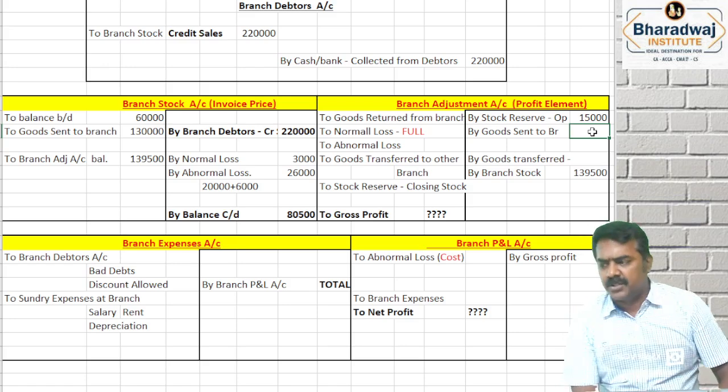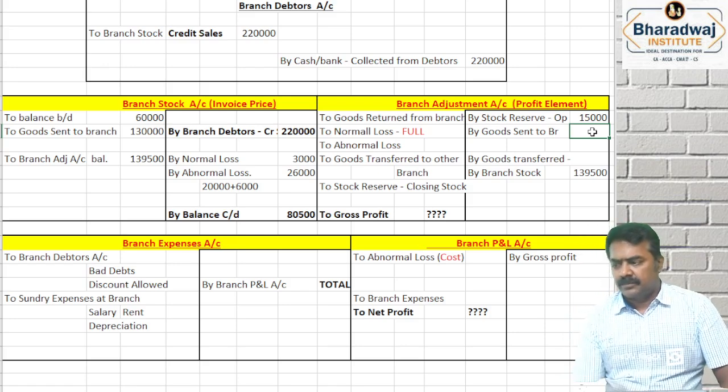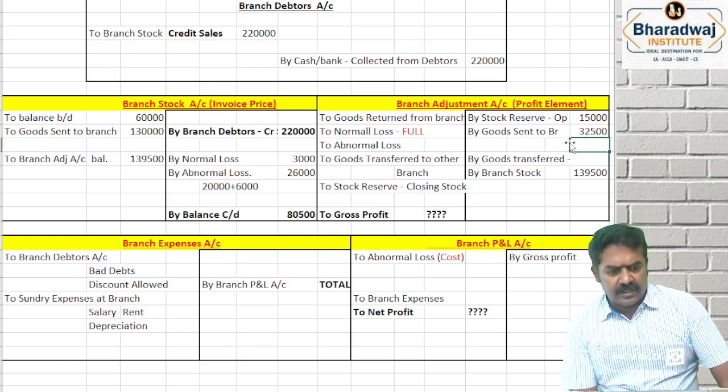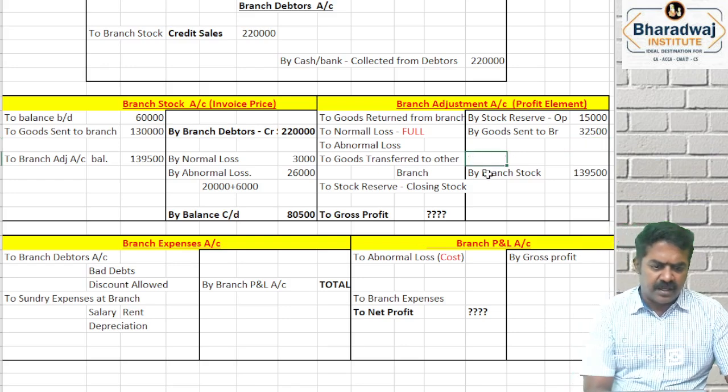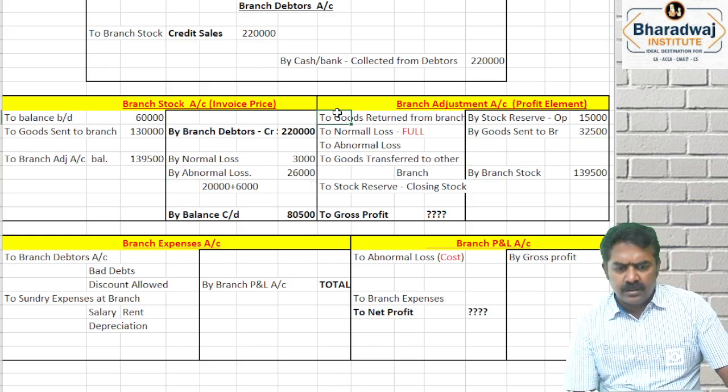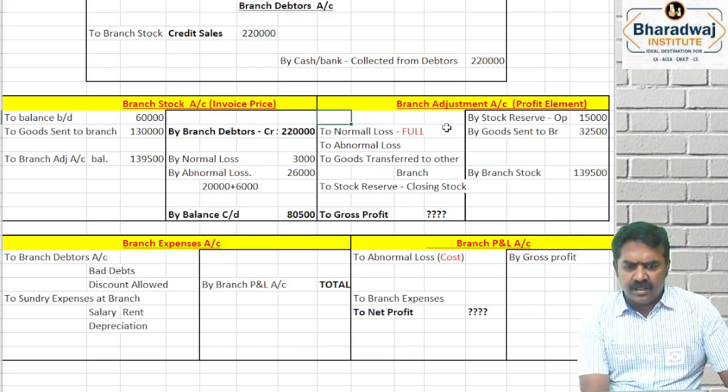No, we have done it in branch account itself. 32,500. No goods transferred is there. That surplus, we brought it here. Goods returned from branch is not there. Normal loss we'll charge in full. What is normal loss? 3,000.